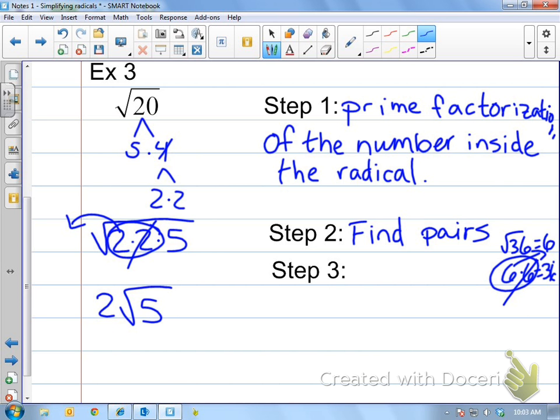So I tell a little story. It has nothing to do with math, but it just helps us remember this process. If you can't remember the why, we take one out, why we get rid of one, this story will help you just remember how to do it. So here's the story. The radical, this is prison. These guys are all stuck in prison. 2, 2, and 5, they're all in prison. So these two decide, hey, I want to bust out of prison. But one of them has an evil plan. His evil plan is when they're busting out of prison, he just has to be faster than the other guy.